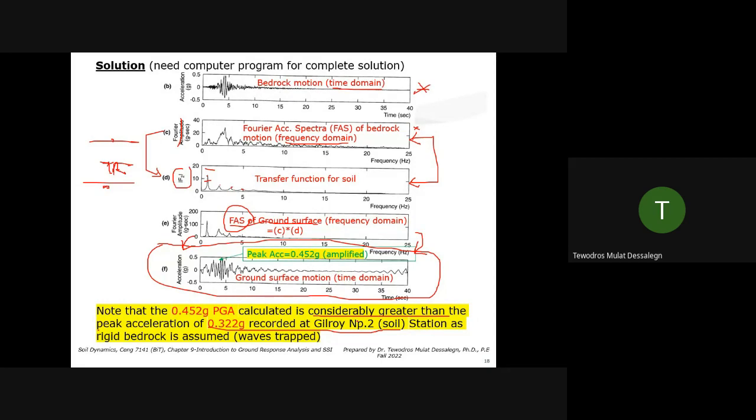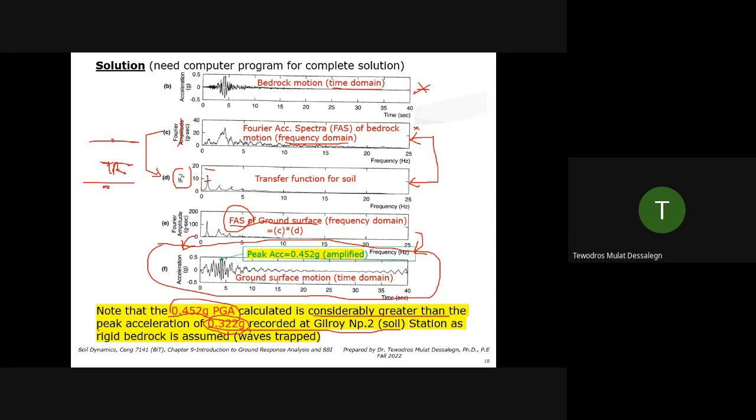So we use the one at the bedrock. We know the soil properties, we get the transfer function, we multiply it, and we get the ground surface motion, right? But see the observation. The 0.452 G PGA we get using this method is much larger than the 0.322 G peak value, which was recorded during the earthquake.